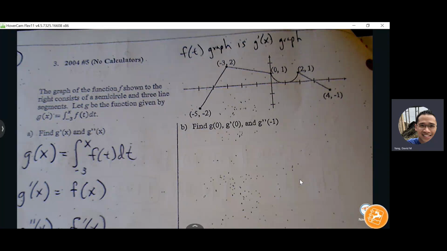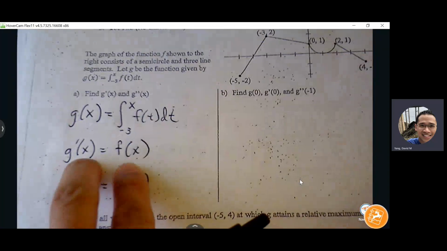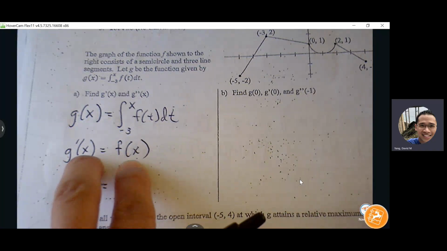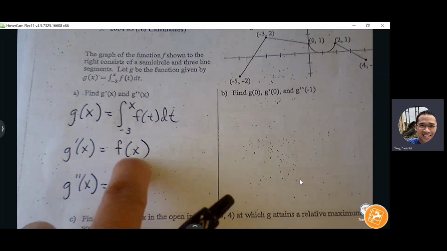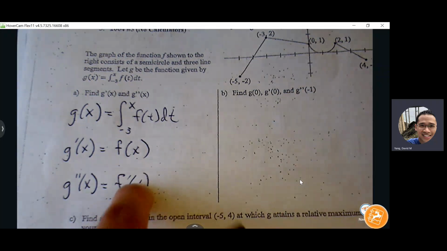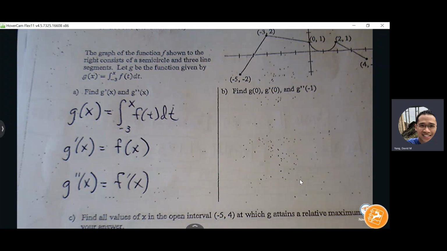And if g prime is f, then g double prime requires dropping down 1 level, so f becomes f prime. That's the relationship we're going to work with on this graph.